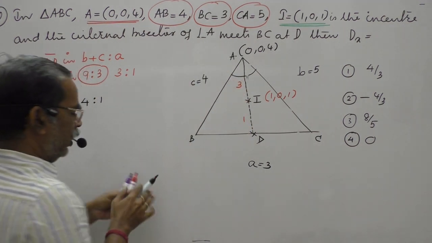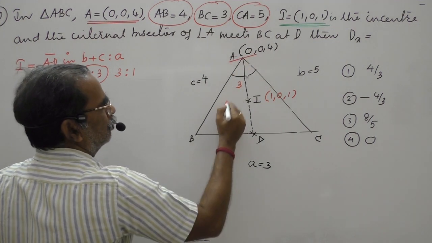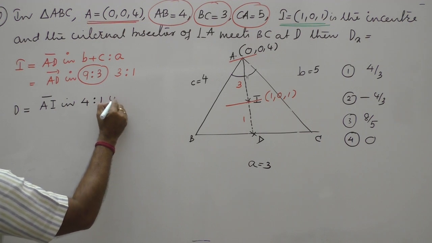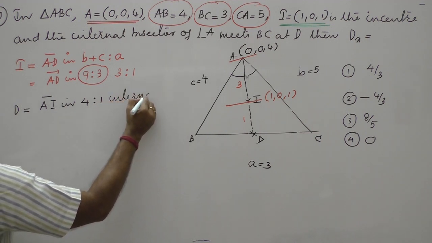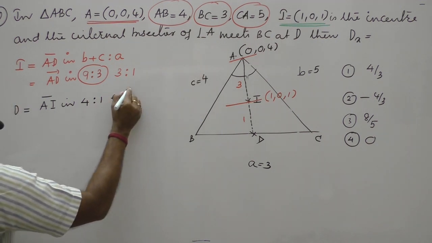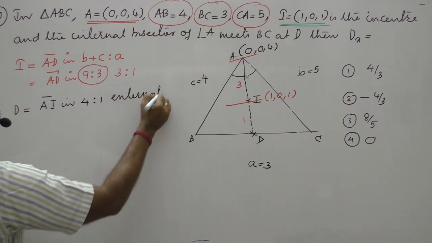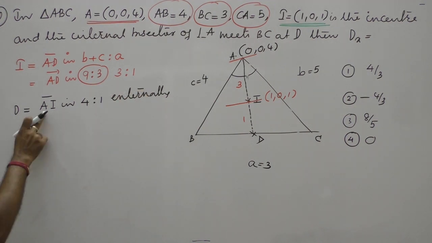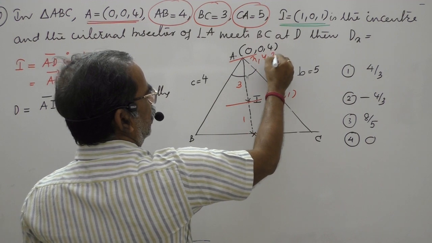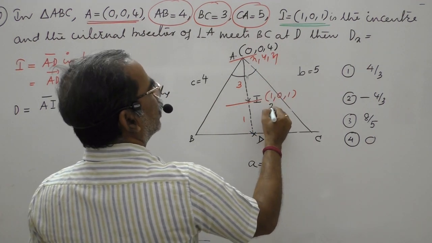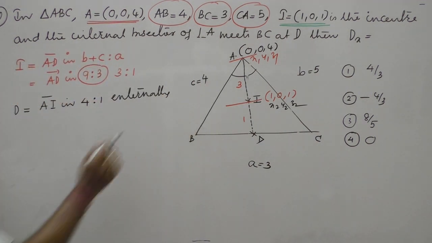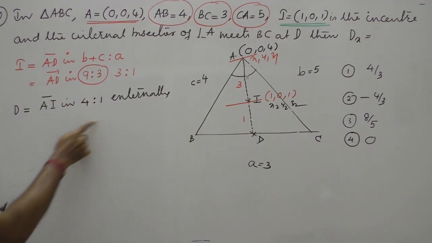So we have taken this as a line segment now. The D point is outside, therefore 4 is to 1 externally. So in AI, A is the first point x1, y1, z1, and this is I, x2, y2, z2. The ratio is m is to n.